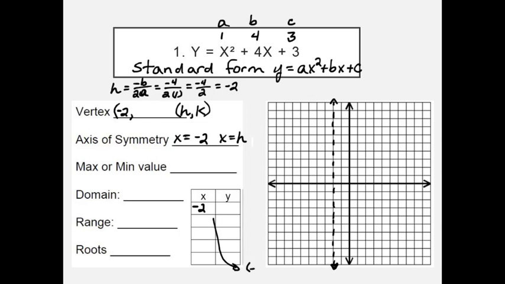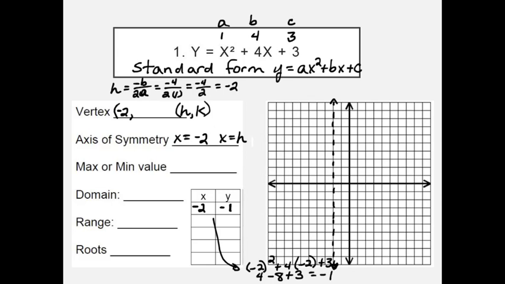So I'm going to have -2 squared plus 4 times -2 plus 3. And so that's going to be 4 minus 8 plus 3. So that's 7 minus 8, which is -1. So all that combines to be -1.